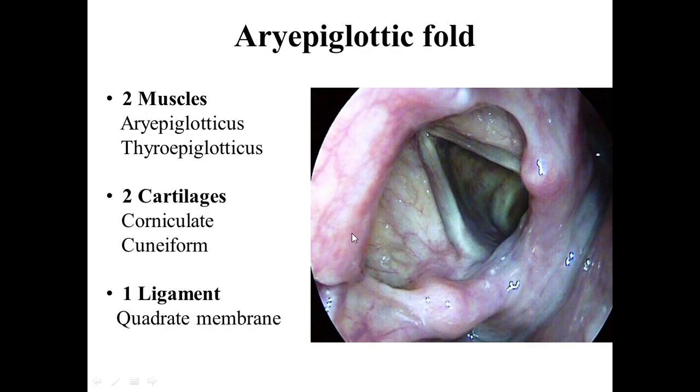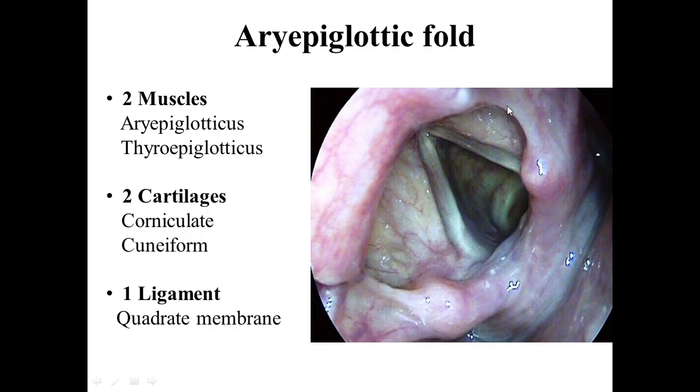From the epiglottis to the arytenoid cartilage, this mucosal fold is called the aryepiglottic fold. The aryepiglottic folds are present on both sides, connecting the arytenoid cartilage to the epiglottis.